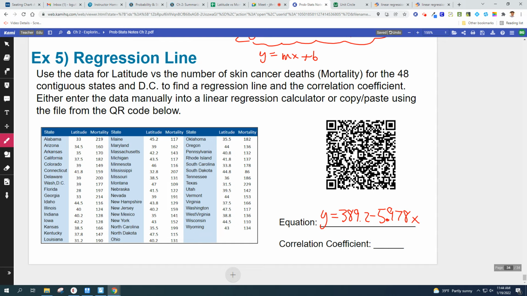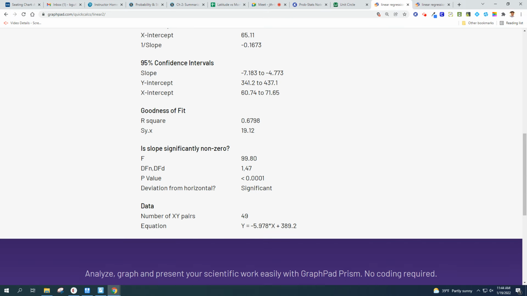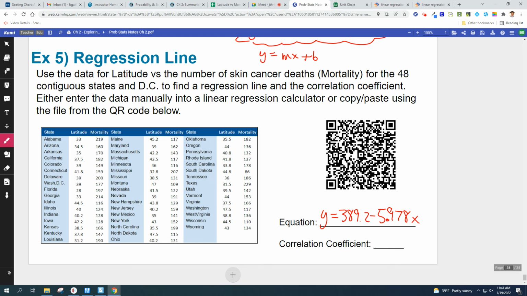And the correlation coefficient, they don't give it to me quite. They give me this r squared value, 0.6798. R squared is 0.6798. So r squared equals 0.6798. You have to understand that when you square root both sides, there's a plus or minus root.